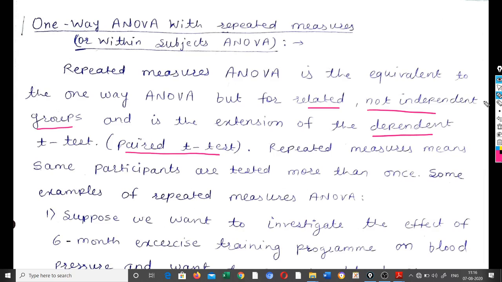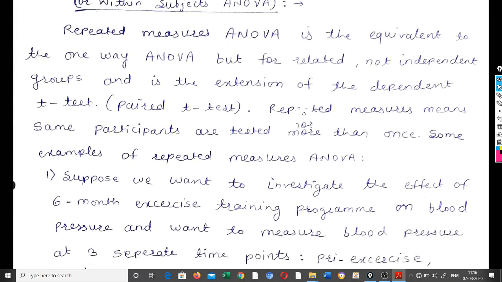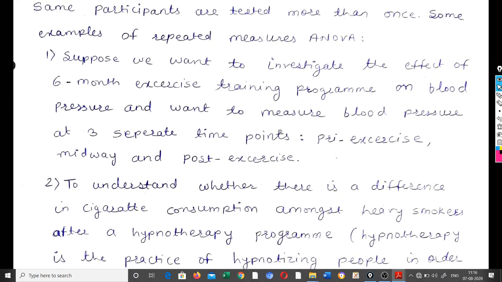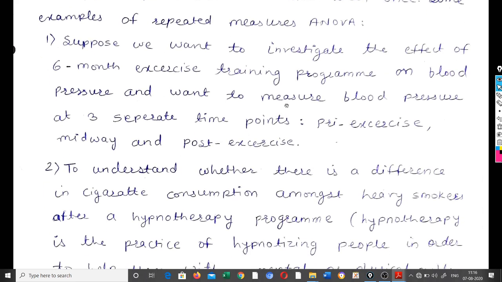Some examples of repeated measures ANOVA. The first example is, suppose we want to investigate the effect of a 6-month exercise training program on blood pressure. So there is a 6-month training program and we want to check whether this training program is effective to reduce or to maintain blood pressure.